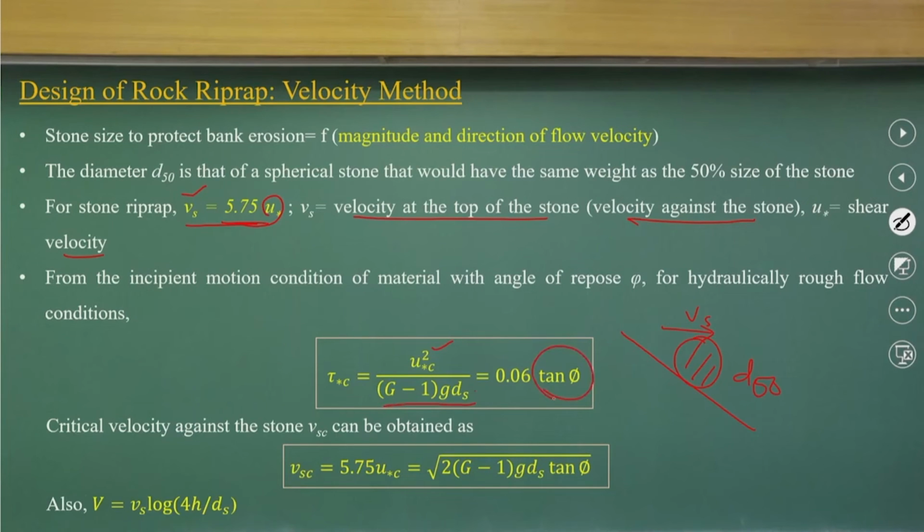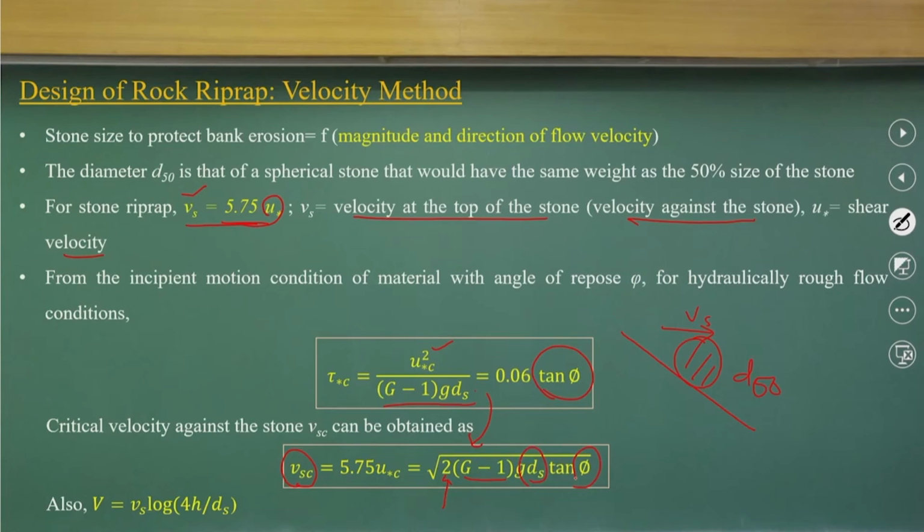We know it earlier in terms of critical shear stress numbers. So, we just substitute that, then you can find out what will be the velocity at the top of the stone riprap in terms of functions of 2g(s minus 1), Ds and tan phi. Just substituting these values, we can understand it.